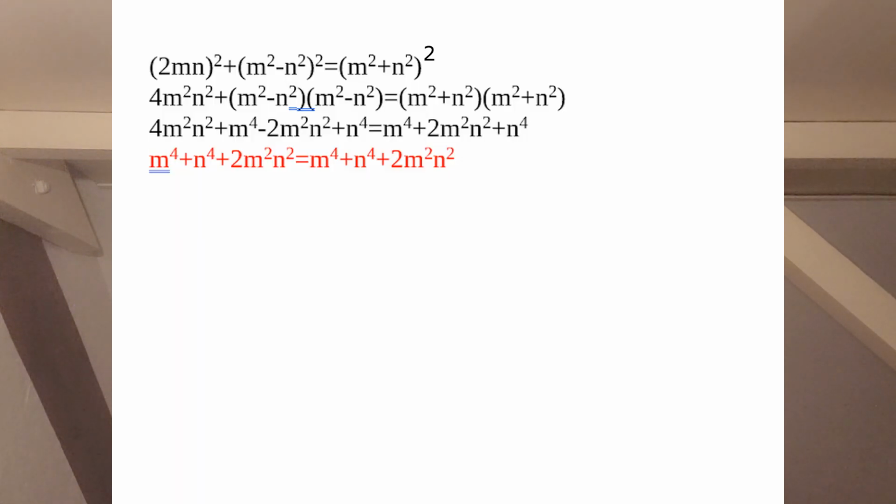So to conclude, it gives m fourth plus n fourth plus 2m squared times n squared equal to m fourth plus n fourth plus 2 times m squared times n squared. So we have QED, quod erat demonstrandum, because a squared plus b squared is equal to c squared.